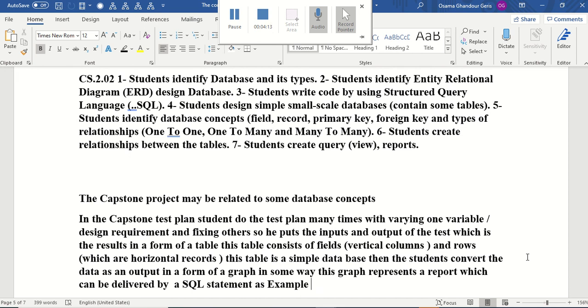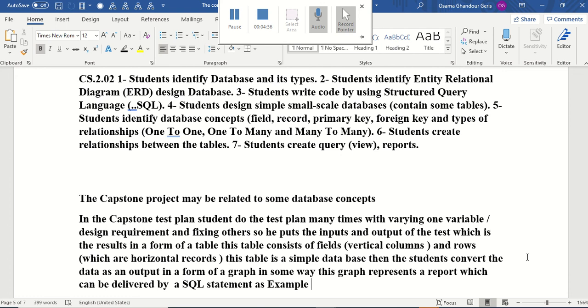In the Capstone test plan, students do the test many times, varying one variable, the requirement, and fixing the others. So he puts the inputs and outputs of the test, which are the results, in the form of a table. The table consists of fields, vertical columns, and rows, which are horizontal records.